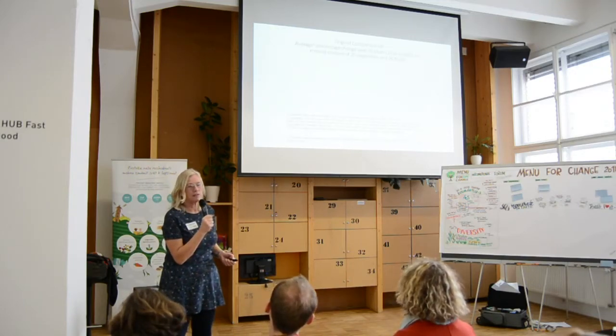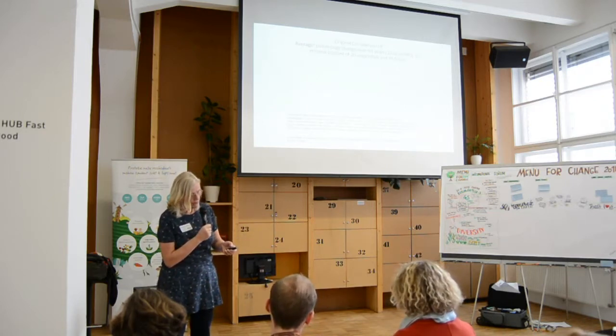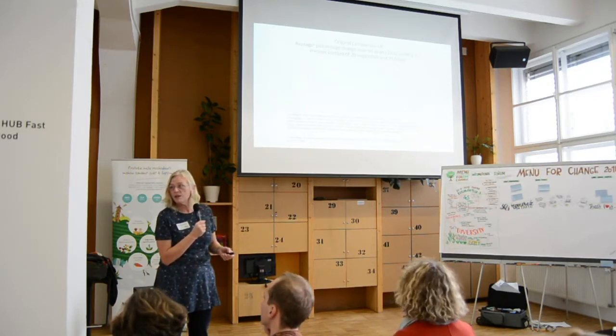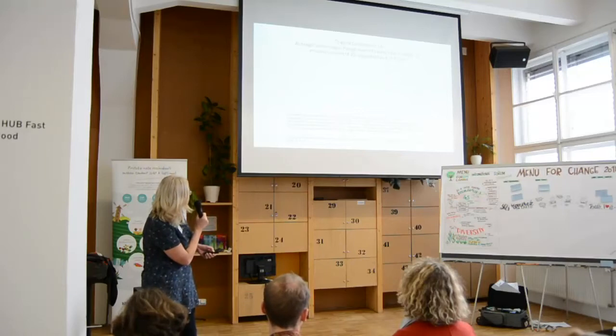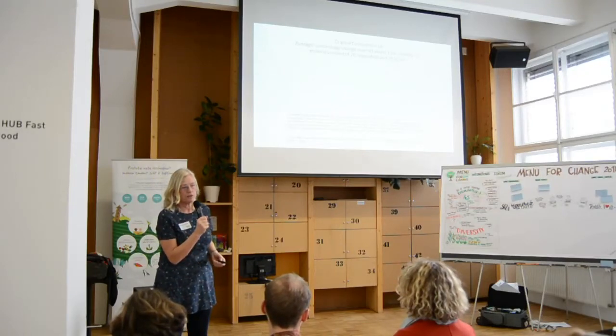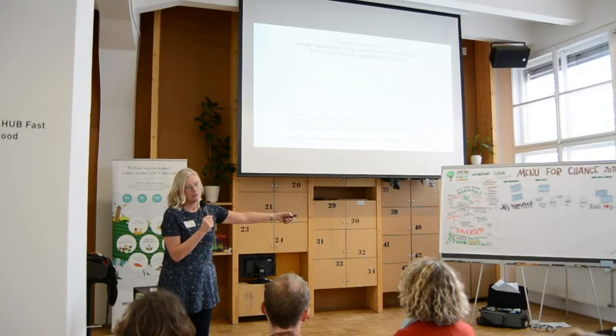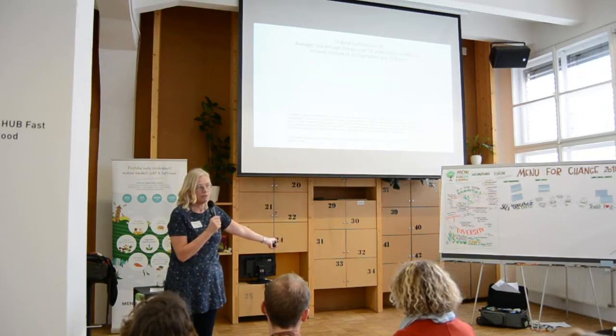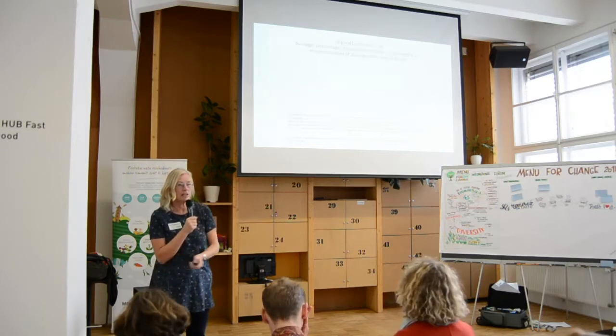So I'll just cut straight to the data here. This is a comparison of about 50 years difference between data of the nutrient content of fruit and vegetables in the 1930s right through to the 1980s.